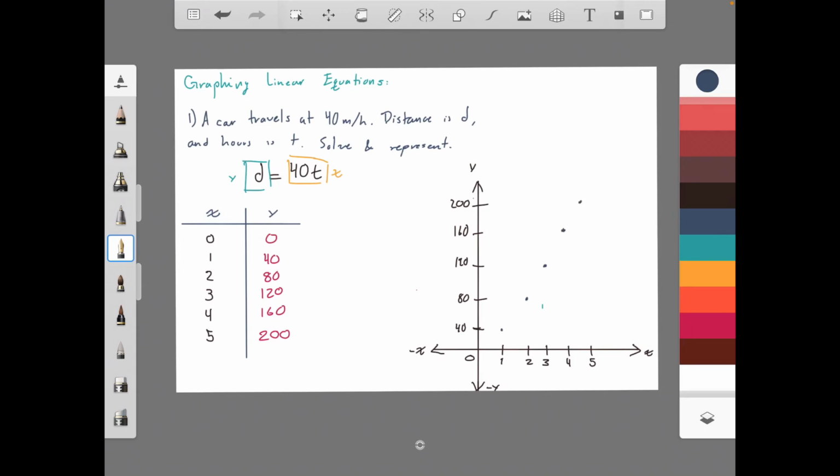And what we do now is we connect these points. Of course my example is not a straight line, but yours should be a straight line, because that's what we want to achieve with this.